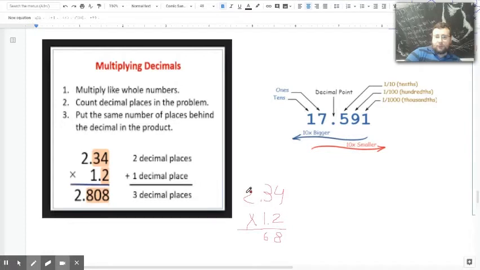Then 2 times 2 is 4. Now again, you can do the 2 times 200 on the next line and do 400, but this works too. All right, now I'm going to work under the 1, which means I have to start with a 0 because I'm really doing 10 times 1, right? I'm not doing 1 times 4, I'm doing 10 times 4.